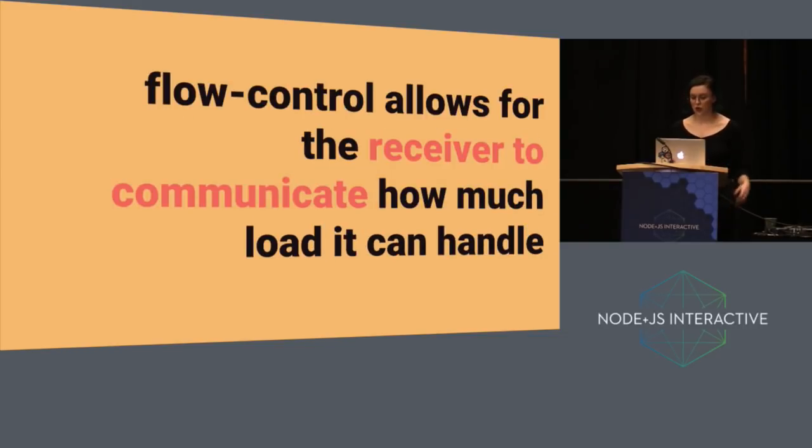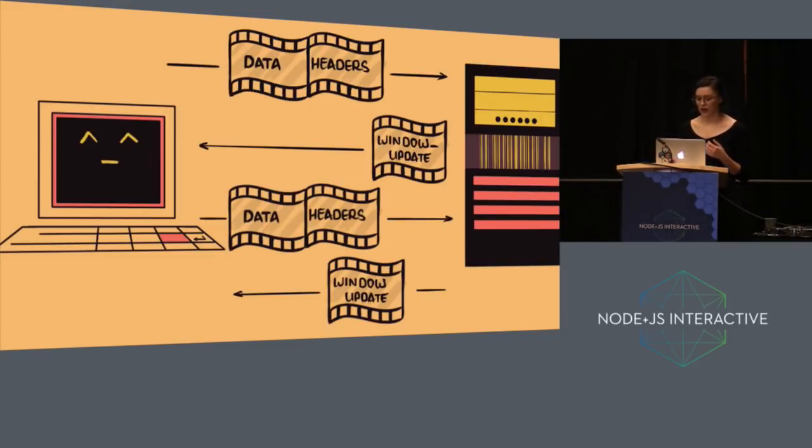So flow control allows either of your endpoints to communicate how much it can handle at a certain time. Your data and headers and window update frames will then communicate that you are using a certain amount of resources in your particular communication setting. And once you're taking resources from that setting, you can't use it as much.